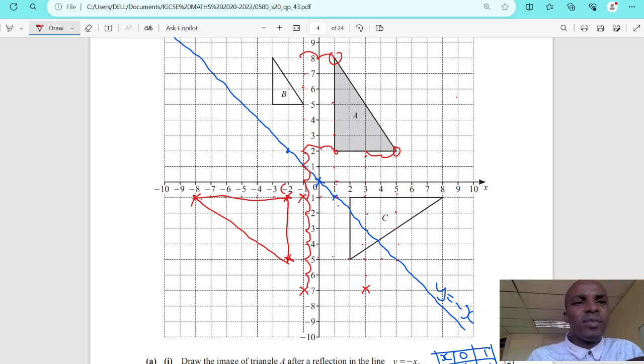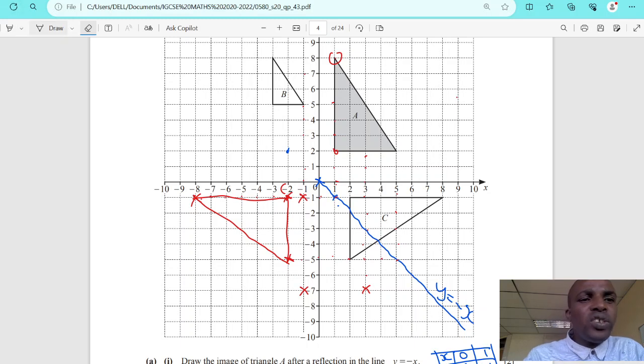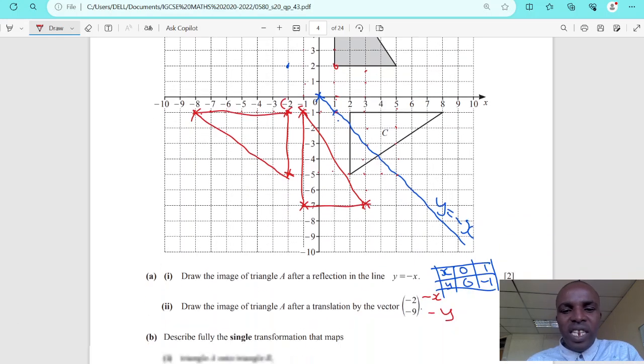It's here. Let me remove the unnecessary things here. Right, then you join your triangle. It will be this one, the red one. Yes, so that will be the triangle after a translation by vector (-2, -9).